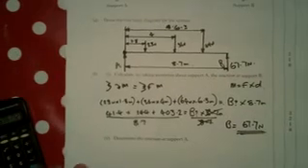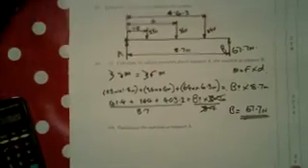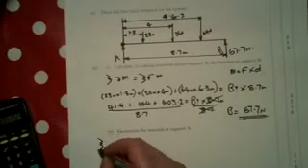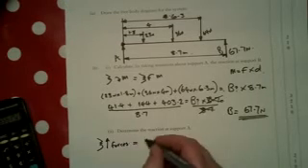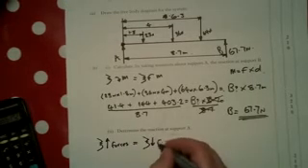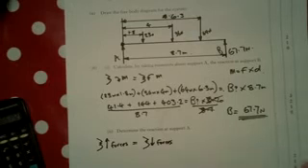It then says determine the reaction at support A. Well, we know that the sum of all the upward forces has to be equal to the sum of all the downward forces, otherwise it would be moving.